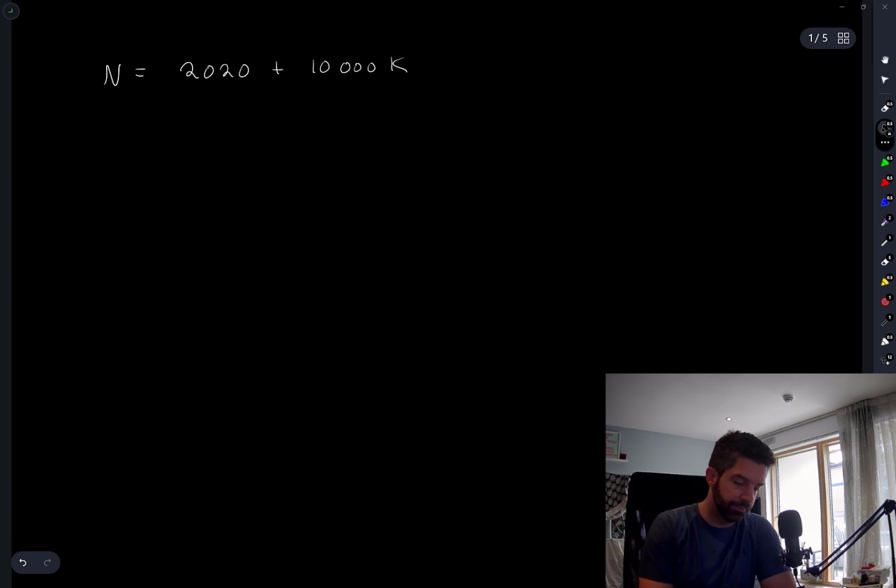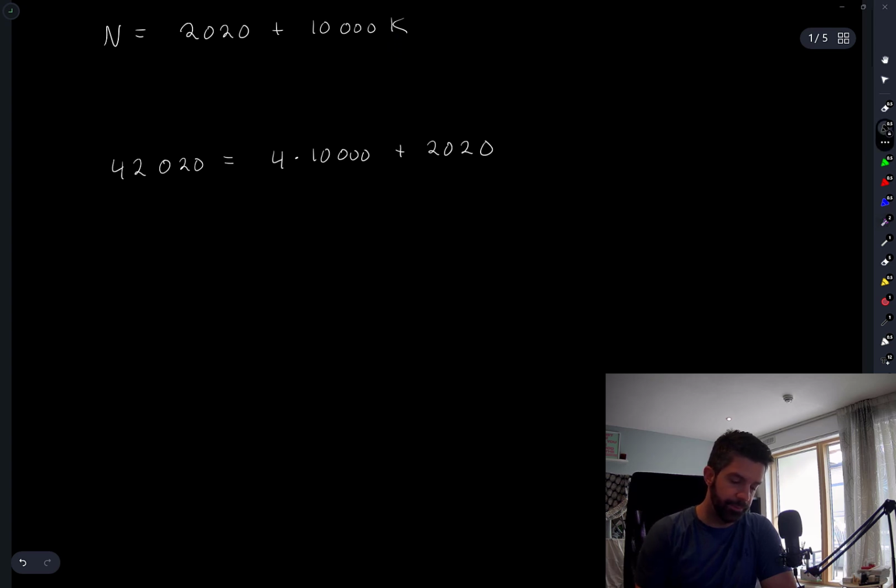So for example, 42020 is equal to 4 times 10,000 plus 2020. So in this case, K is equal to 4.